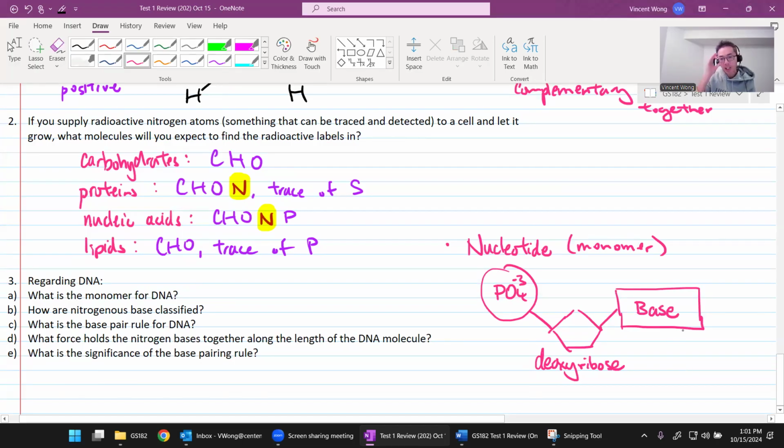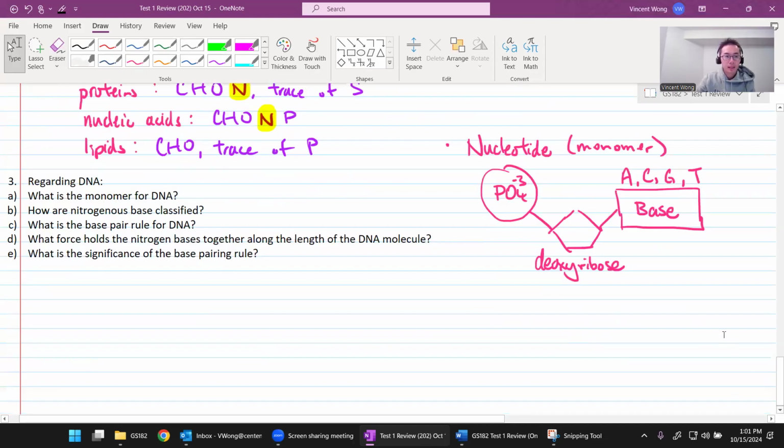For DNA, this nitrogenous base can be one of four things, and you should know this by now: A, C, G, and T. So that's a nucleotide. You connect a bunch of these together and you get your DNA strand.